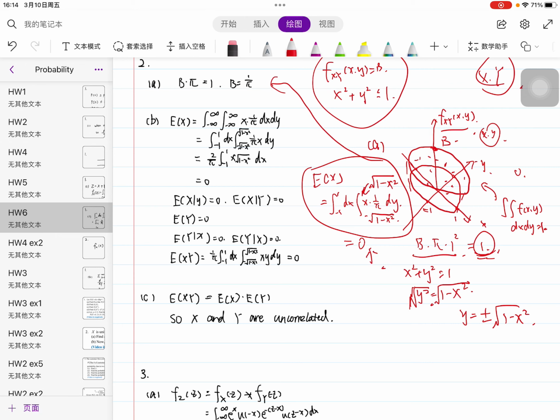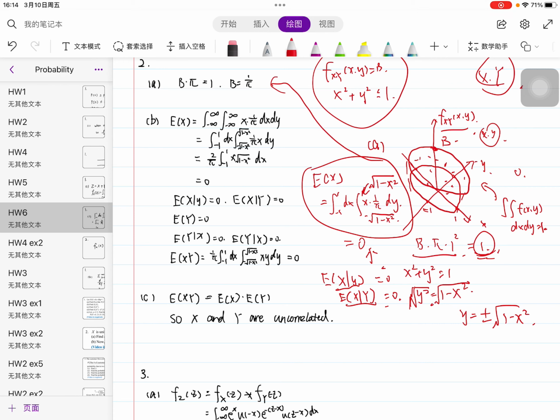So based on this, we know that the expected value of x, assuming the random variable y, is all 0, right? Since the expected value of x is already 0, they are all 0 under all the conditions.